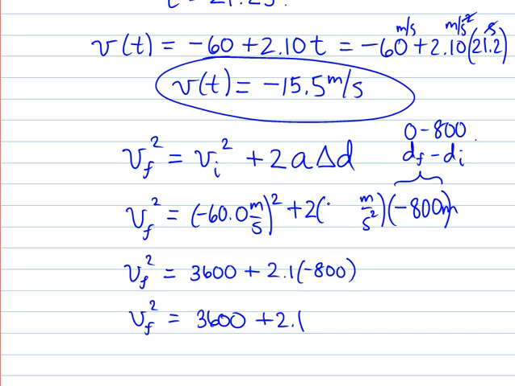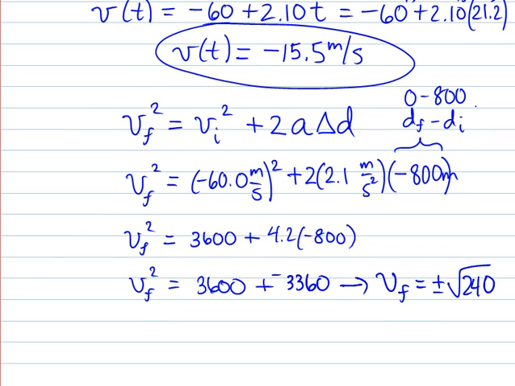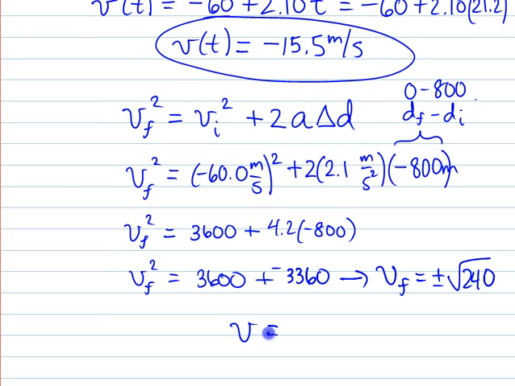The acceleration is actually 2.1, and so that gives us 4.2 here, and this entire term will be negative 3360, and that means that v final will be plus or minus the square root of 240, and that turns out to be, we choose the negative root, 15.5, so we get the exact same answer.